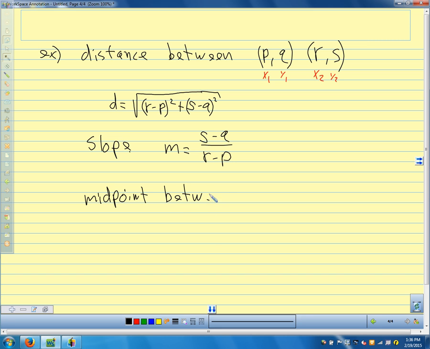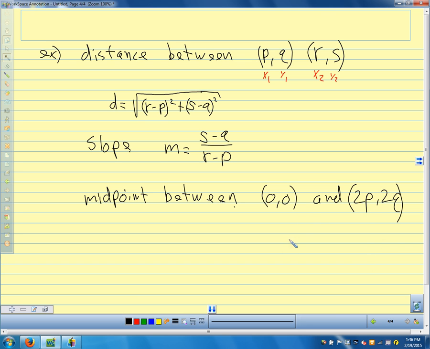What if the problem asks us to find the midpoint between (0, 0) and (2p, 2q)?